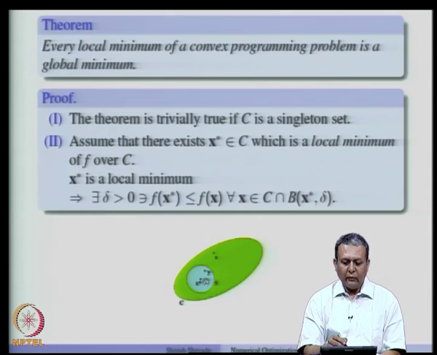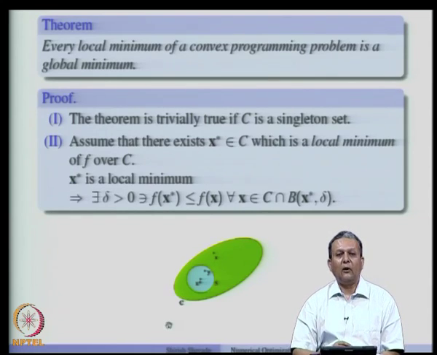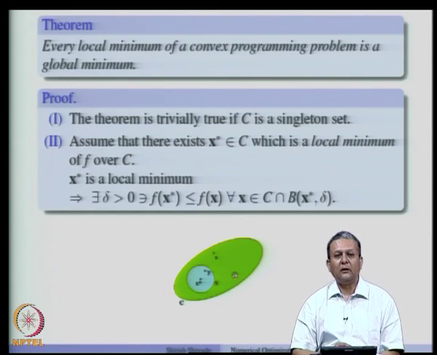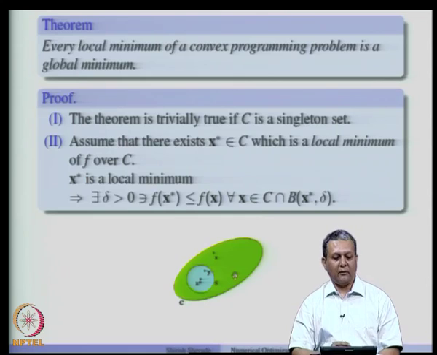Now, what we want to show is that f(x star) is also the minimum function value that can be attained over all x belonging to C. We have shown that by the definition of local minimum, it is the minimum in this region, but what about the remaining region, that is the region which is shown by the green color here.